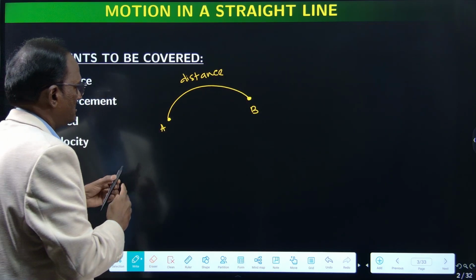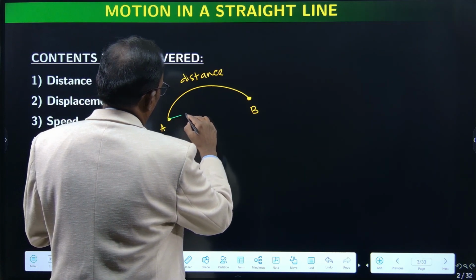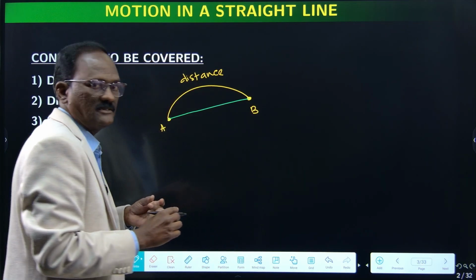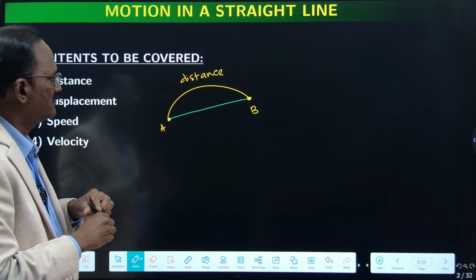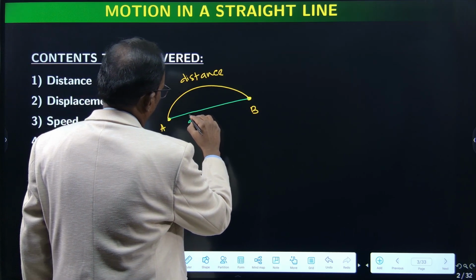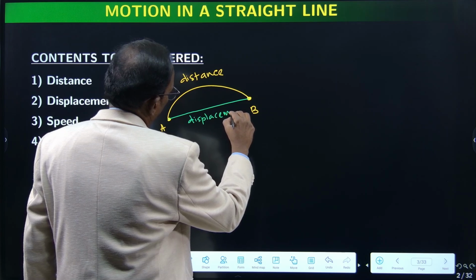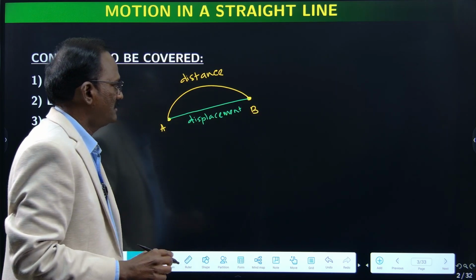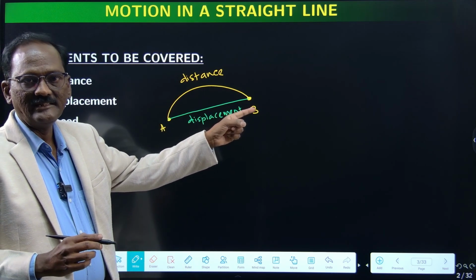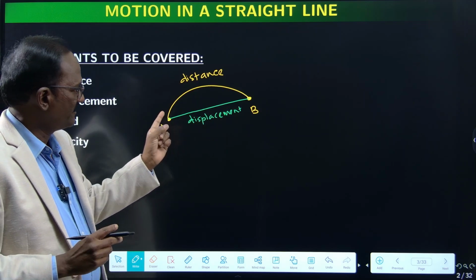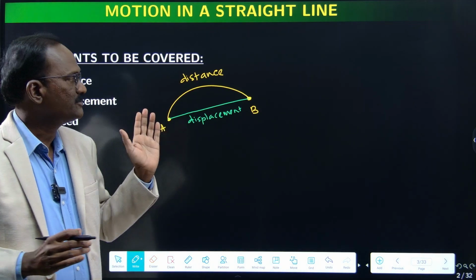In contrary, if I measure the length of this line, it is displacement. This is the actual length of the path in which the object has moved.